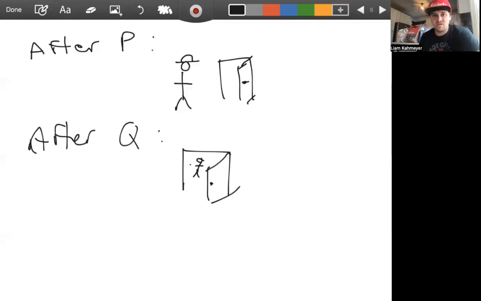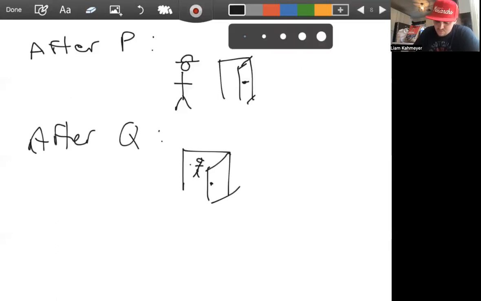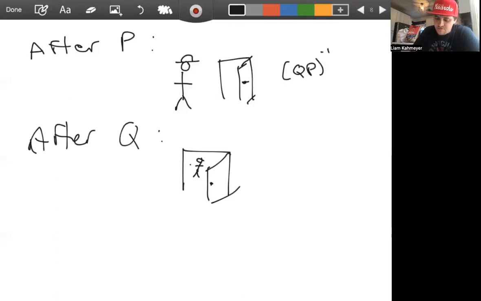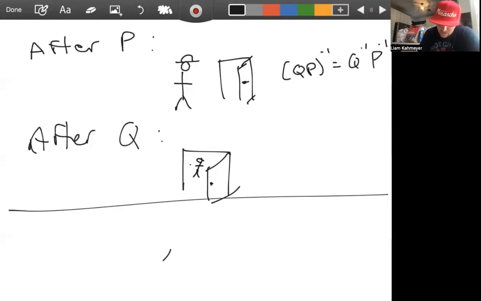Now let's say we want to do this in reverse. What would happen if QP inverse was just Q inverse P inverse? If I wanted to do this action in reverse, then we have a new scenario. I'm standing on the other side of the door with it closed, and I want to walk back through the door.